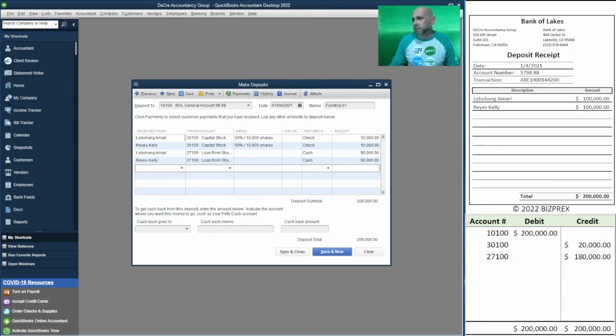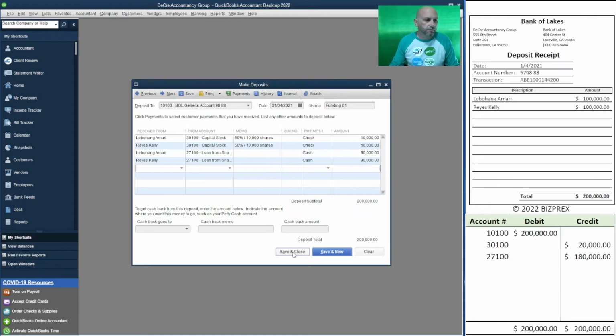Well, we also have to credit things, right? So that our debits and credits always equal. So 20,000 is credited to our capital stock account. So the corporation sells that capital stock in exchange for that 20,000. And 180,000 is credited to loan from shareholders. So our liabilities go up when credited, and therefore the corporation now has debt of 180,000 to shareholders. Anyway, we're good to go, right?